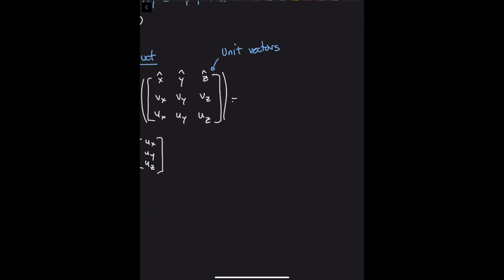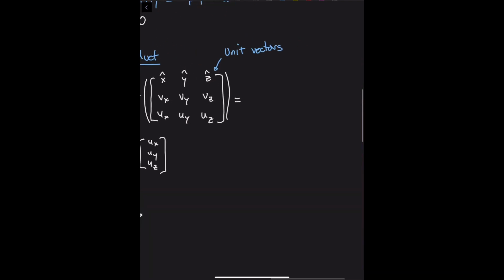So this is actually going to give us a new vector. All right, so it's going to be VYUZ minus VZUY x hat minus VXUZ minus VZUX y hat plus VXUY minus VYUX z hat.